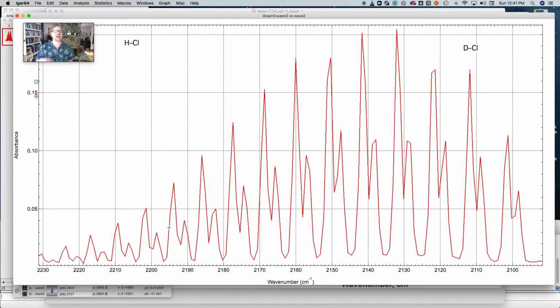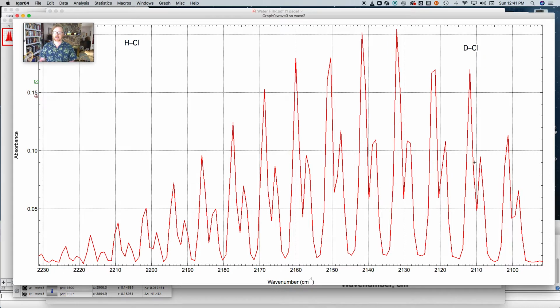And those are actually the isotopes. So remember, in a sample of chlorine, about 75% is Cl35 and about 25% is Cl37. And it happens that in the DCl spectrum, those isotopes are more easily resolved, and you can actually see them. So this is really, really cool.